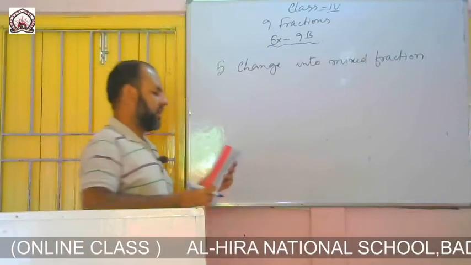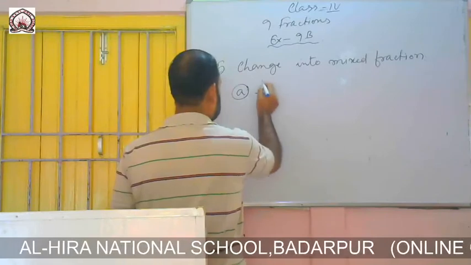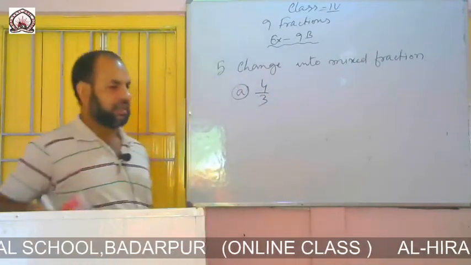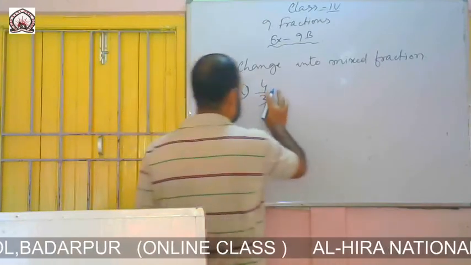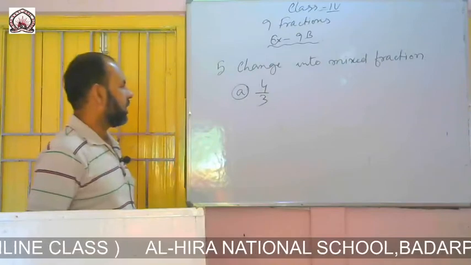So question number A, 4 by 3. The rule is we divide the numerator by the denominator.